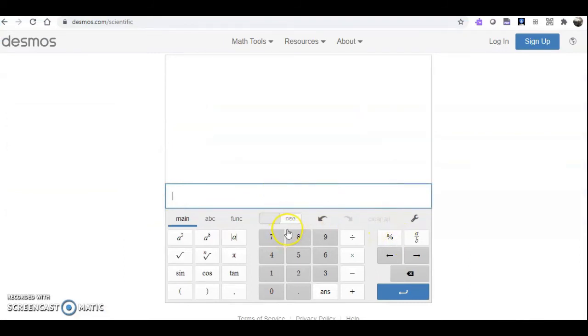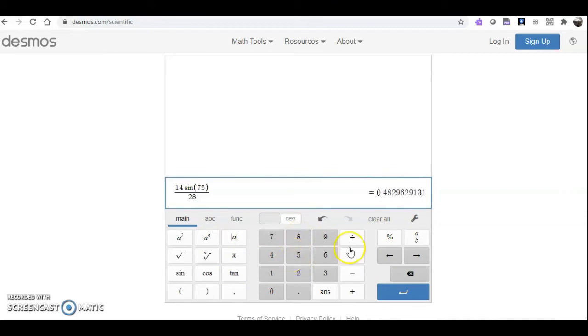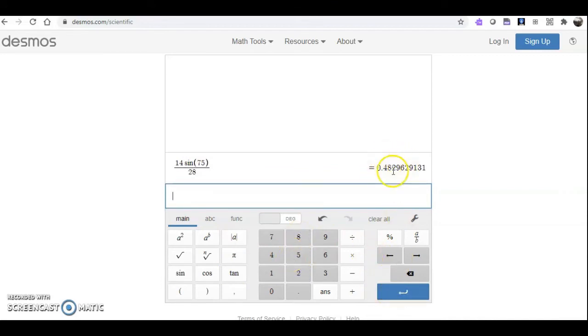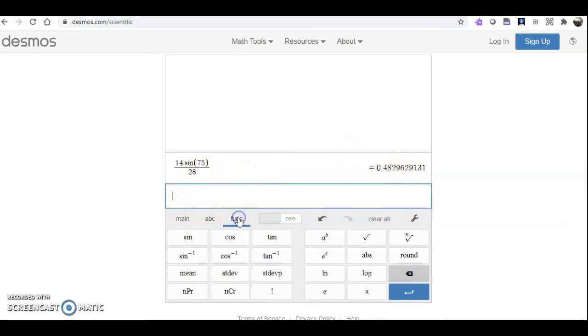So clear all this out. So when you end up doing 14 sine of 75 divided by, so that'll still make the fraction 28, not sine of 28. Except it's going to give you this decimal. That's the sine of angle F. So if you go to functions on your calculator, there's a sine to the -1.